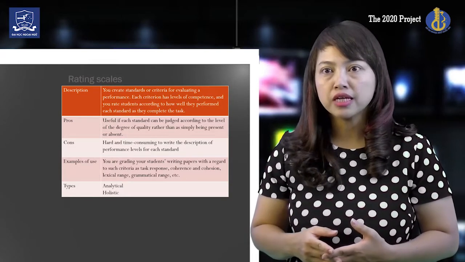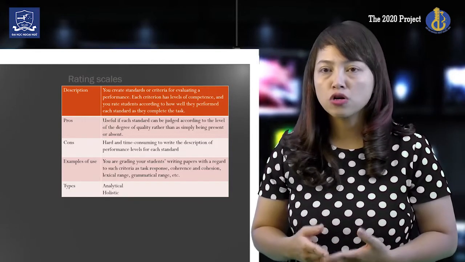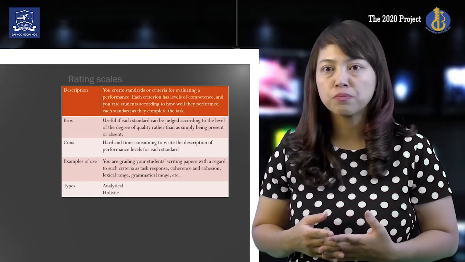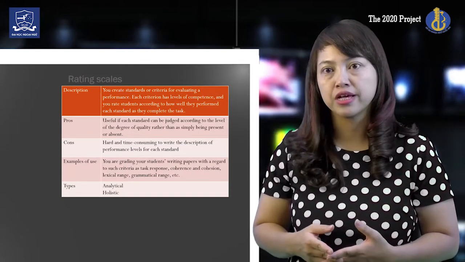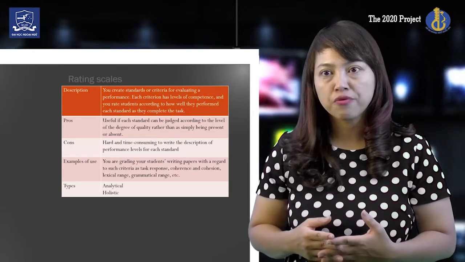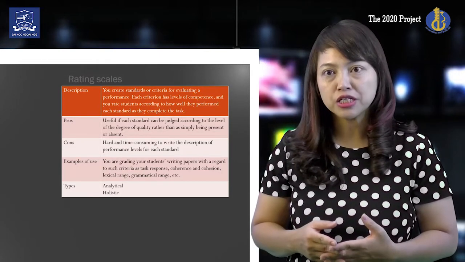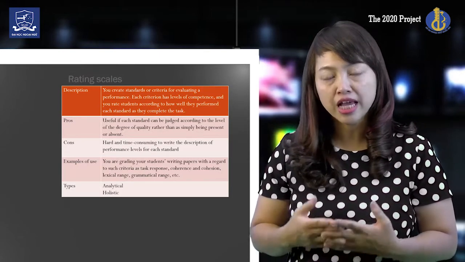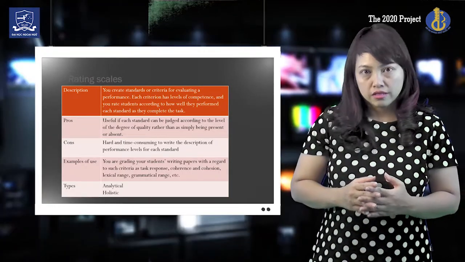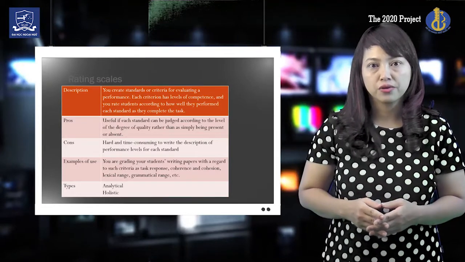Each criterion has a number of performance levels, and teachers or students can tick at the level which matches the student performance in that criterion. Rating scales are useful because they provide more information than other instruments. Teachers and students know the student's level in each criterion, very specific and detailed. The downside is the challenges when constructing rating scales.